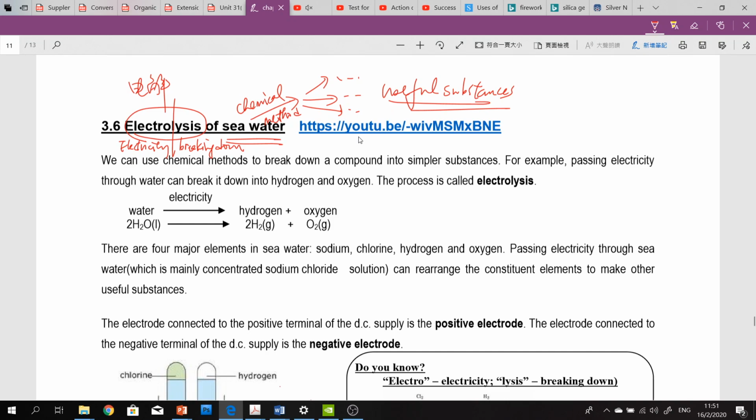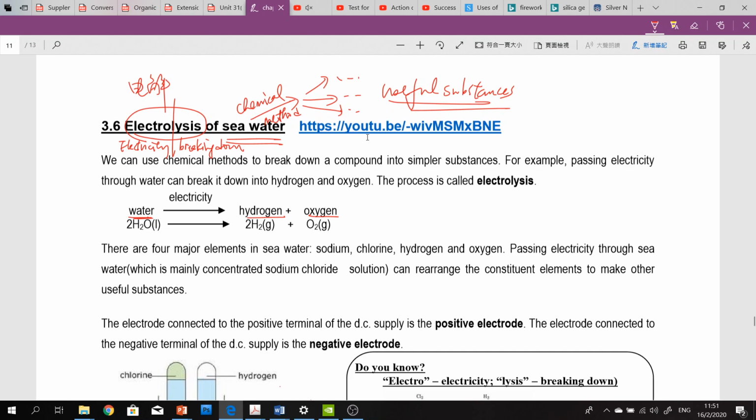So in case we are going to use electricity to pass through the process, we call it electrolysis. One very authentic example is to electrolyze water into hydrogen gas and oxygen gas. I break down water, a compound, into elements.